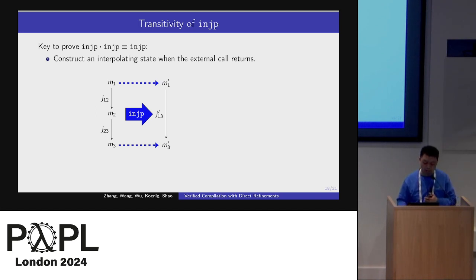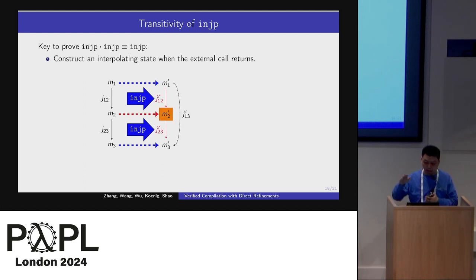When we return from the external call, we want to go back to our actual implementation, which is these parallel refinements. So we need to split this evolved injection into two and construct an intermediate memory state. And this state must satisfy this INGP relation. So the problem is how we construct this.